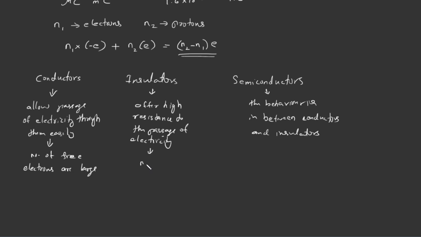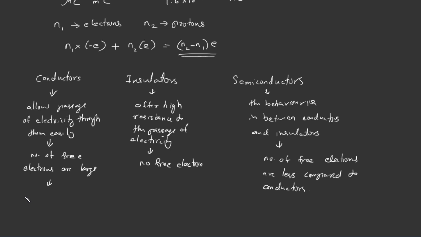In insulators, no free electron, and in semiconductor, number of free electrons are less compared to conductors. Let us look at an example for conductors.